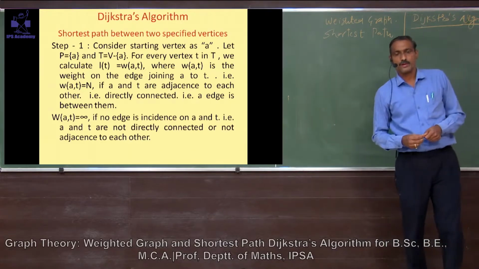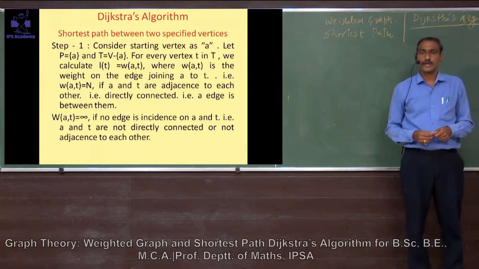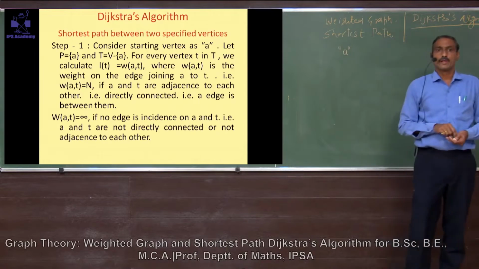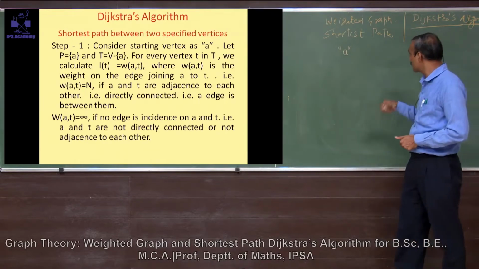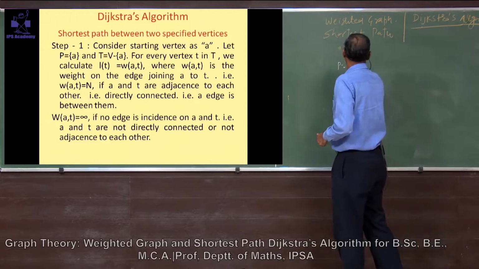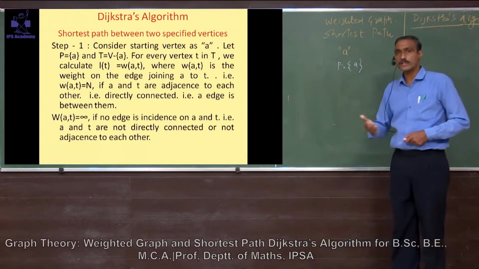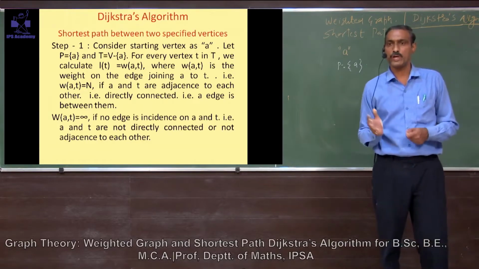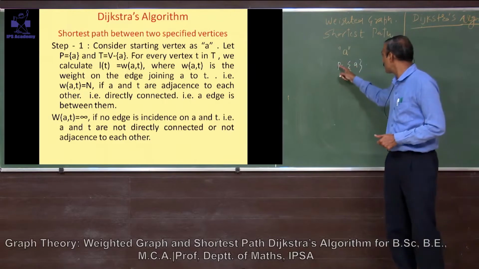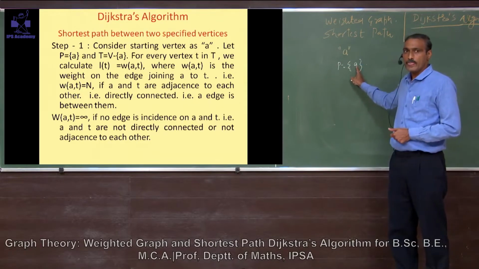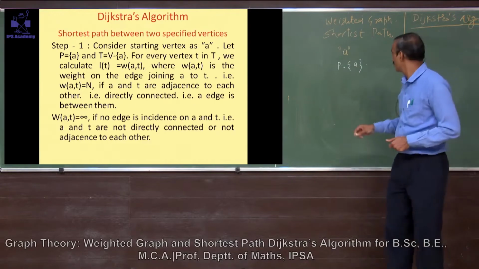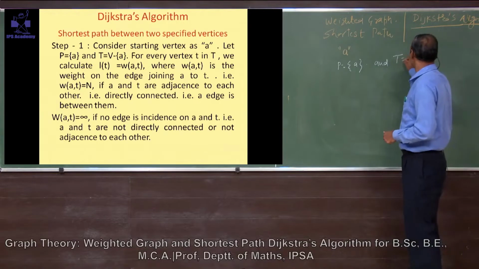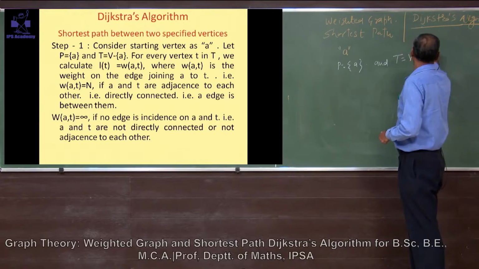Step 1. Consider the starting vertex as A. Let P equals {A}, that is, we generate a path P equals {A}, because we start with the vertex A, so that is the first vertex in the path. We also create a subgraph T equals V minus {A}.